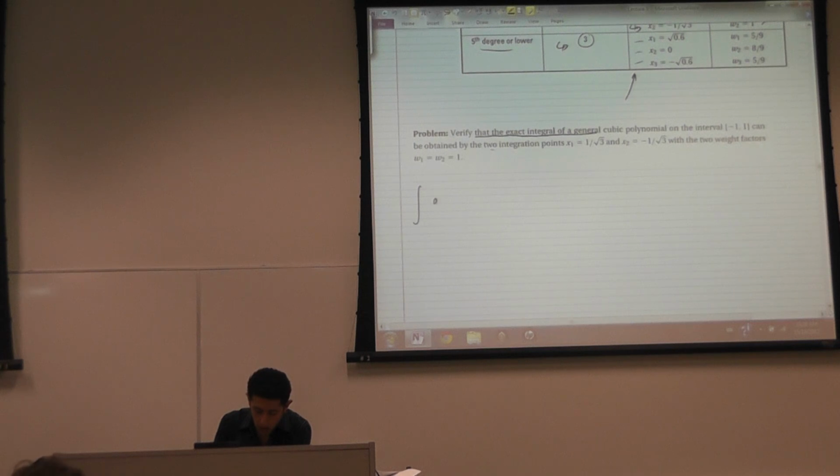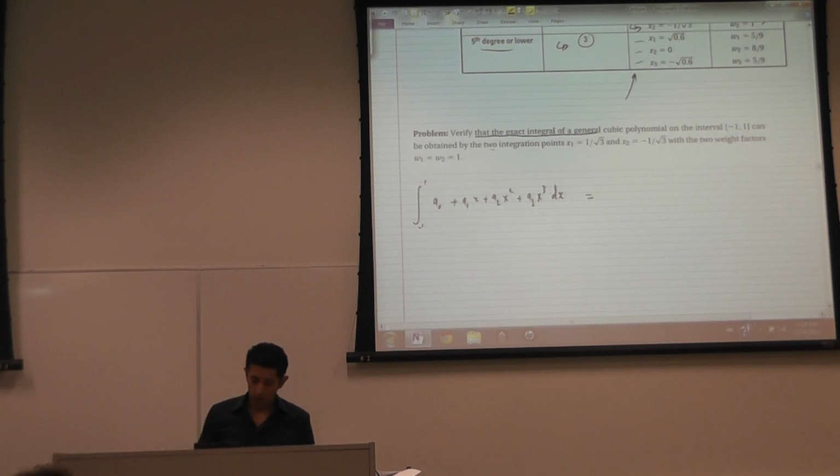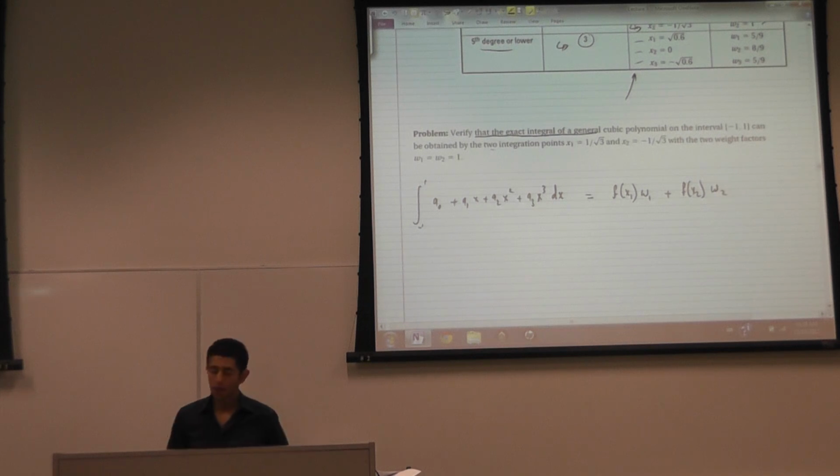A general polynomial of the third degree has this form. I'm saying that this is equal to the function at an integration point x1 multiplied by the corresponding weight w1, plus the function at a point x2 multiplied by the corresponding weight w2.